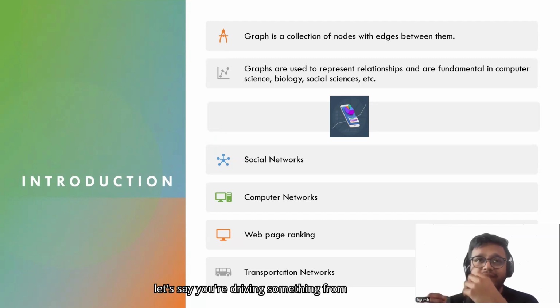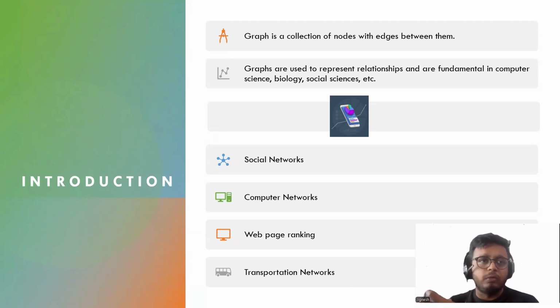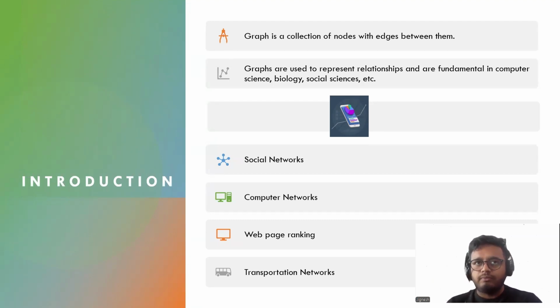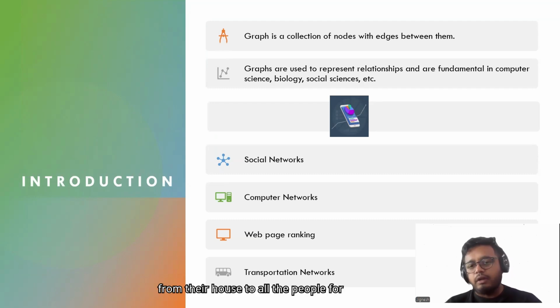Let's say you're ordering something from Uber. The Uber driver will have to look at the maps to find the shortest route possible from the restaurant to your house to deliver the food. Or let's say there is an Amazon truck going from the warehouse to all the people for delivery.